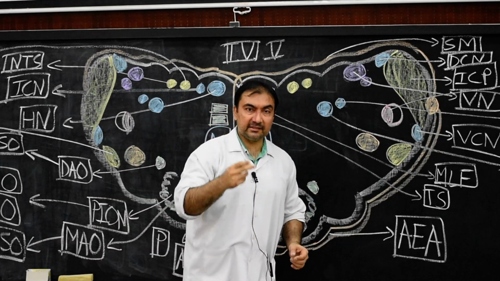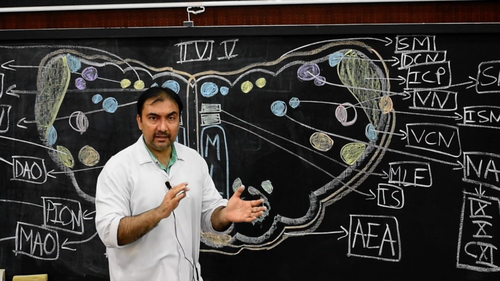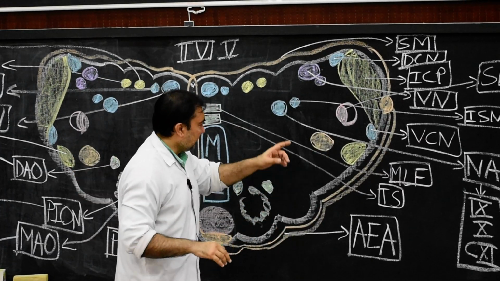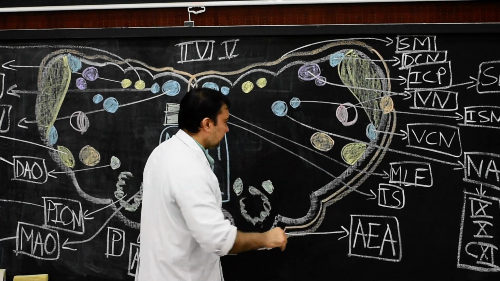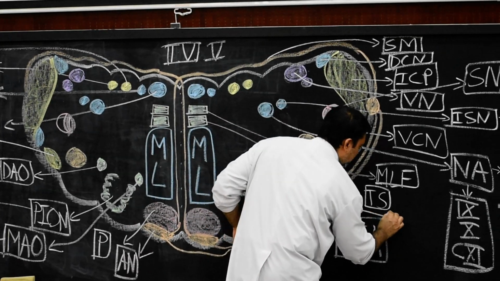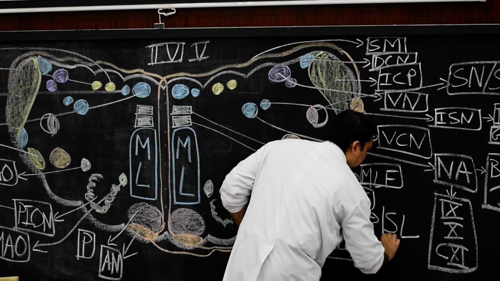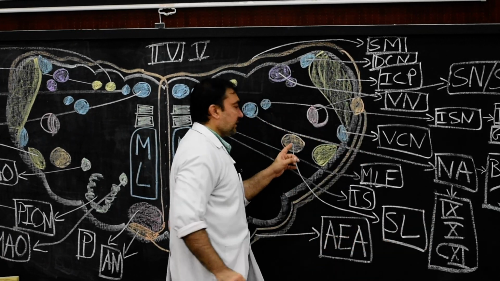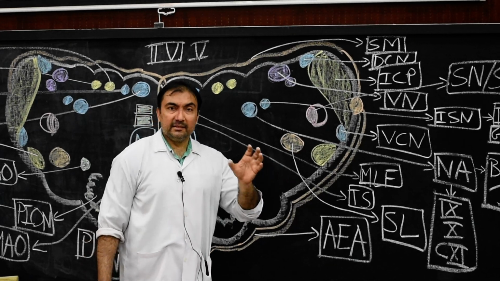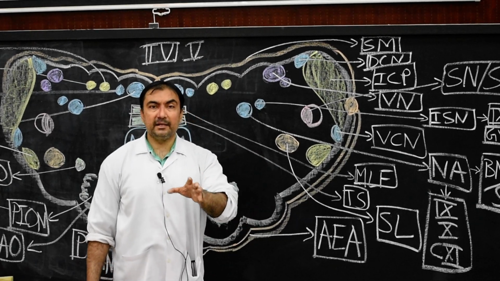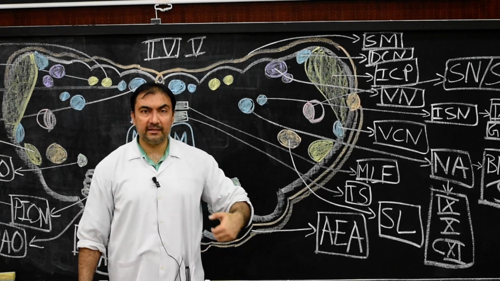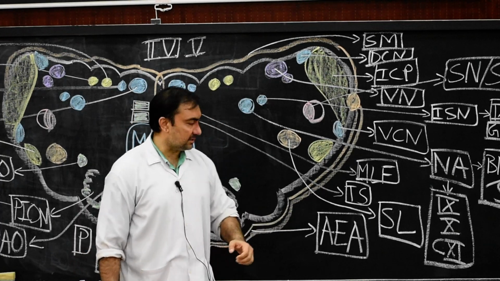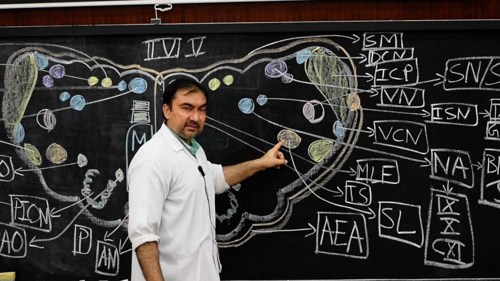As I already discussed, the anterior spinothalamic tract will relay directly into the medial lemniscus, and the lateral spinothalamic tract will form the spinal lemniscus. And what will it carry? It will carry the sensations of pain and temperature from the contralateral, opposite side of the body, through the spinal lemniscus.